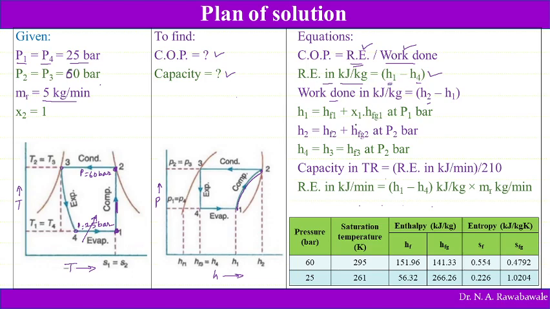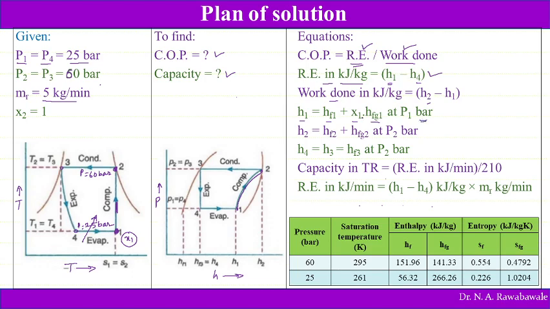First we will find H1. H1 is equal to HF1 plus X1 HFG1, since the condition of the refrigerant is wet. So to find the enthalpy at point 1, HF1 is the enthalpy of liquid at pressure P1, X1 is the dryness fraction at point 1, and HFG1 is at pressure P1 bar.